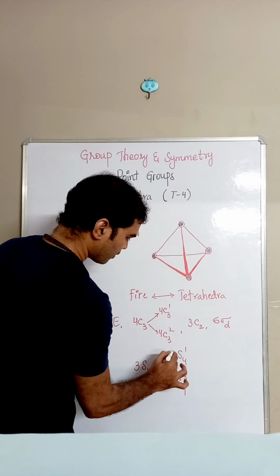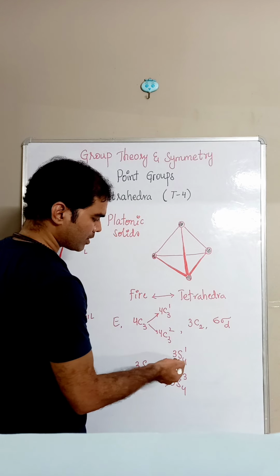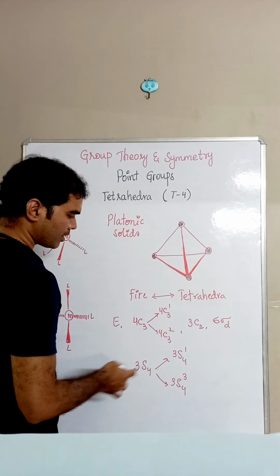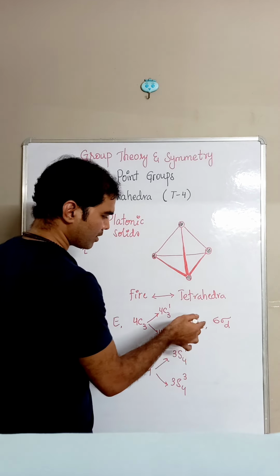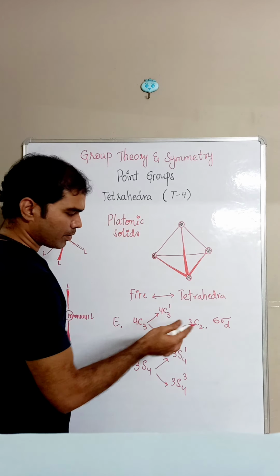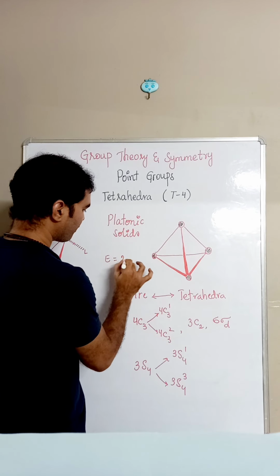There are 3, therefore these will also become 3 and 3. S4² need not be considered because it is reduced to a repetitive element which we have already taken. S4² is a C4² which is reduced into a C2. This is already present. Now count the total number of symmetry elements. That should be equivalent to 24.